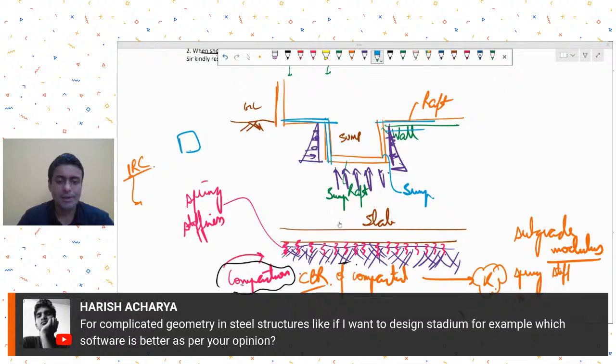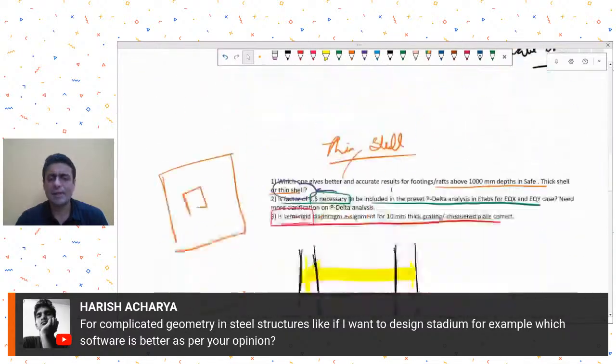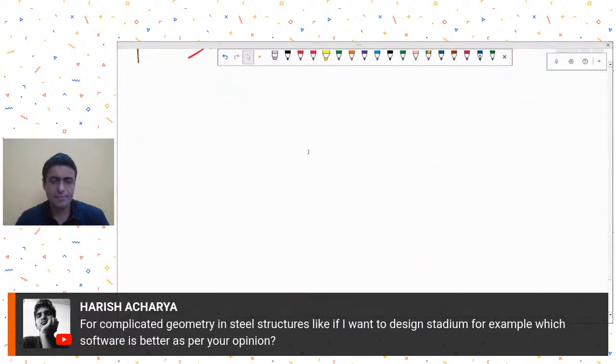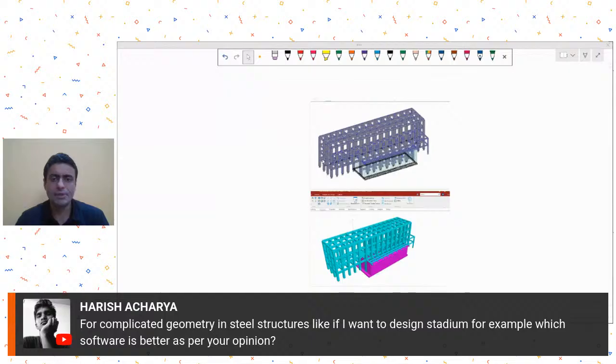So, for example, when they designed the Bird's Nest in Beijing during the 2008 Olympics, they used SAP 2000. I think at that time ETABS also was not very well developed. At that time you had ETABS 9, I think. So ETABS was also not well developed at that time.